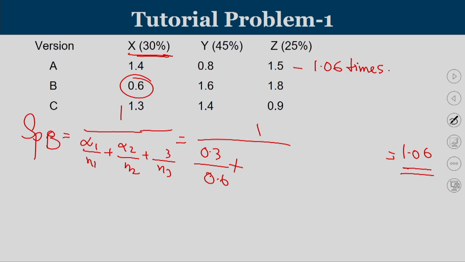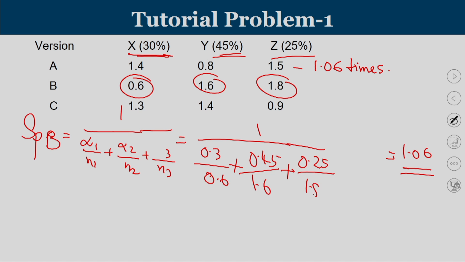Now, the second component is 0.45, that is alpha 2, this is the value of alpha 2, and this is N2, it is 1.6 times, plus the last component is 0.25 divided by N3, N3 is 1.8.